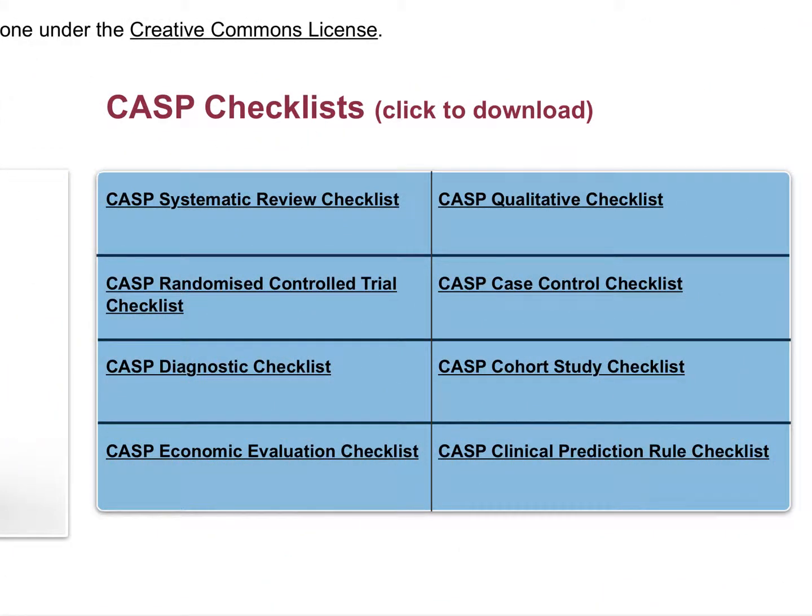For example, there are CASP checklists for systematic reviews, for qualitative studies, randomized controlled trials, case control studies, diagnostic checklists, cohort studies, economic evaluations, and clinical prediction rule checklists. The most common ones that you'll probably be using are the systematic review, randomized controlled trial, and the qualitative checklist.